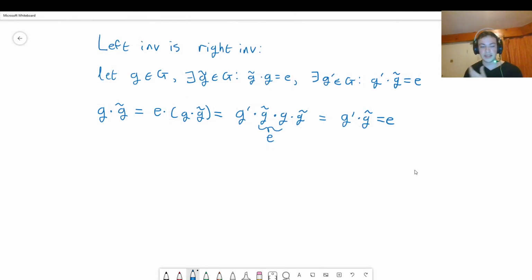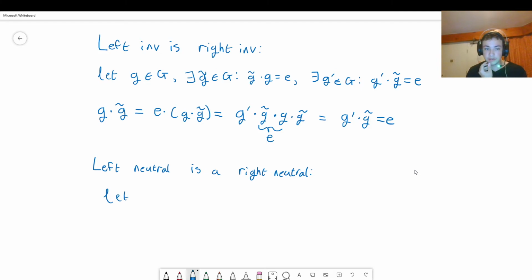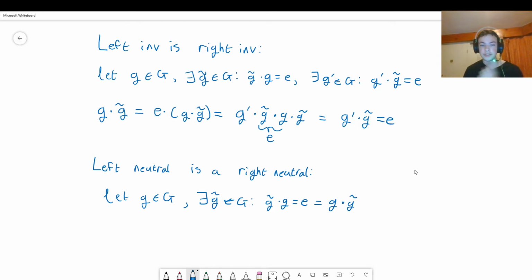And so some authors take that for granted. And then a left neutral is also a right neutral, using a similar argument. So if we let g in G again, and then we have that g twiddle is also in G such that g twiddle dot g is E, and also that is going to be g dot g twiddle by the previous statement.